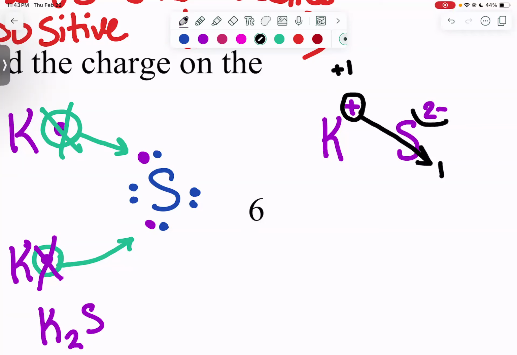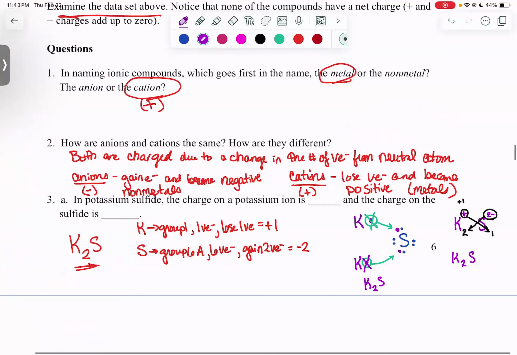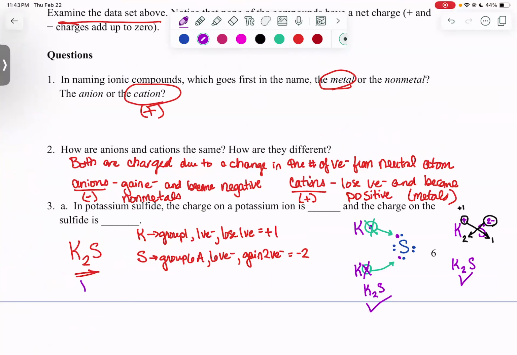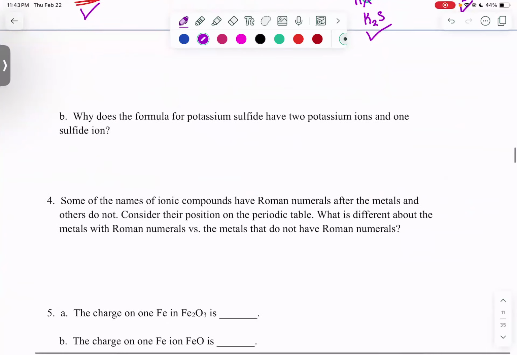Same thing here. I'm going to take the 2 negative, drop the sign, and say, okay, now that's 2 atoms of potassium. And this works every time. You might have to reduce, but in this case, we didn't have to. And we get the same answer, K2S. And so that's two different ways to do it. It's a whole lot quicker doing the crisscross, but I'll show you a few special cases, right?